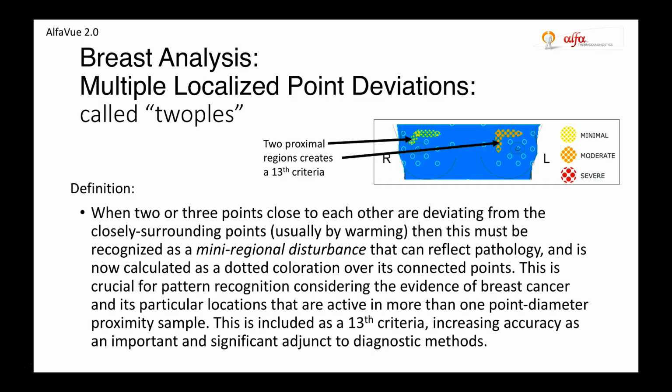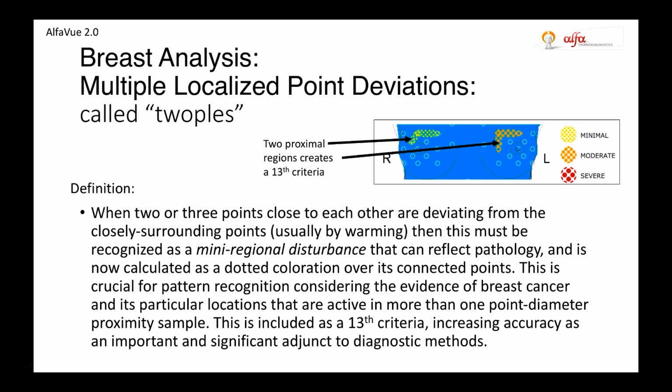Here is our new algorithm, which is called tuples, or they're calling regional disturbances. And if there are 2 or 3 points that are close to each other that are deviating from normal behavior, they are usually warmer, and they do not come way down into the yellow background.